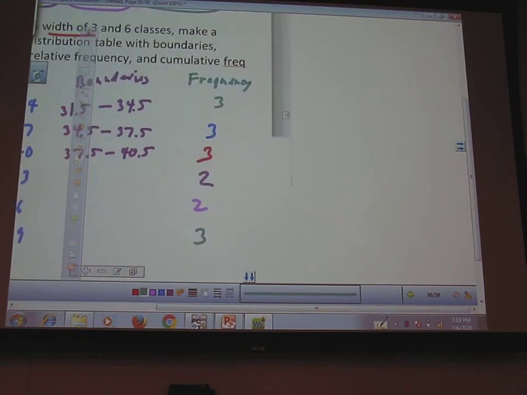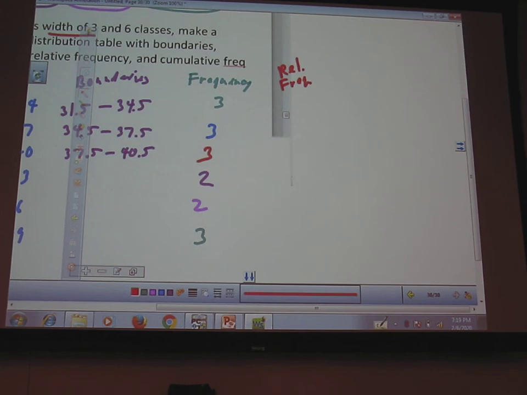But then I'm going to ask you to find relative frequencies. Does everyone get the frequencies part? Just count them. Relative frequencies is where it gets a little bit more confusing. Relative frequency is that ratio of what percent is in that class. So you take the number of that class, divide by the total.